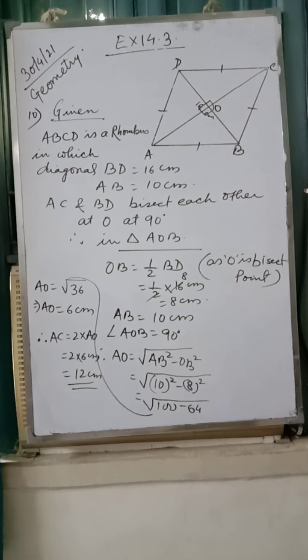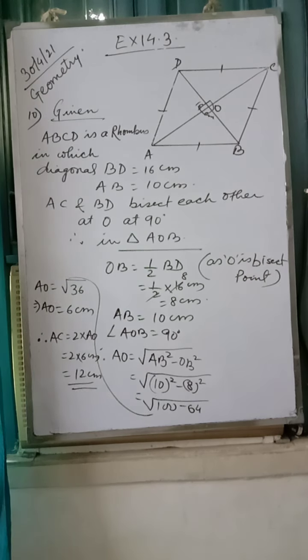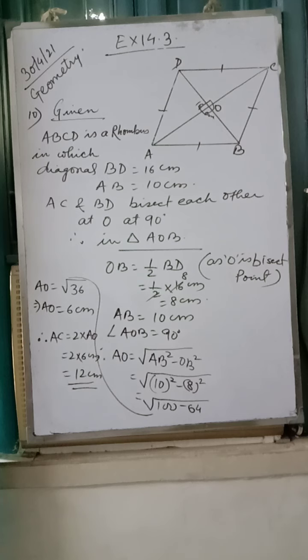Question number 11, it says, in figure 42, ABCD is a rhombus whose diagonals AC and BD intersect at O. If angle OAB to angle OBA is 3:2, find the measure of all the angles of triangle COD. Now see question number 11.